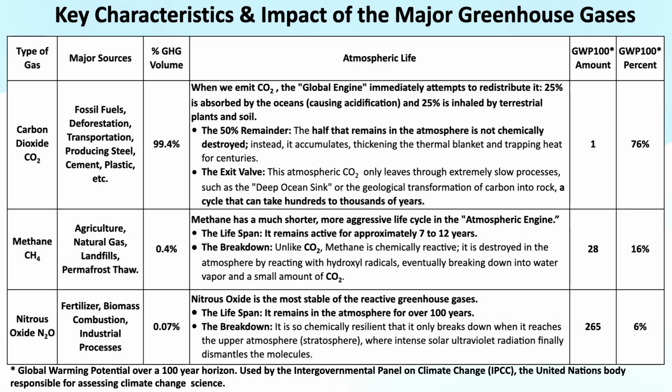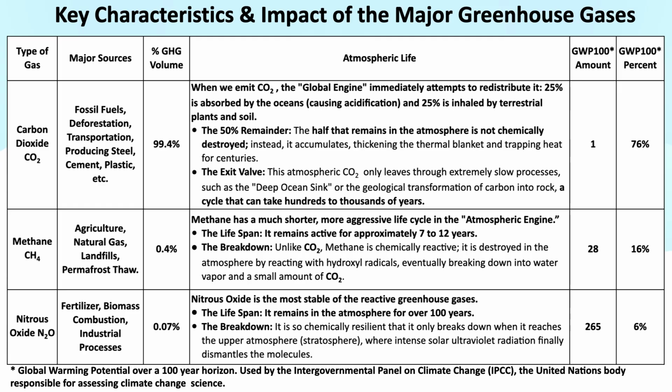Now, this is a very complex, but a very, very important chart. So let me walk through the columns first, and then we'll talk about the rows. So the first column is the type of gases. We use the big 3 for greenhouse gases. What are the sources of those gases? What is the volume of those gases in the atmosphere when you look at it in terms of volume?